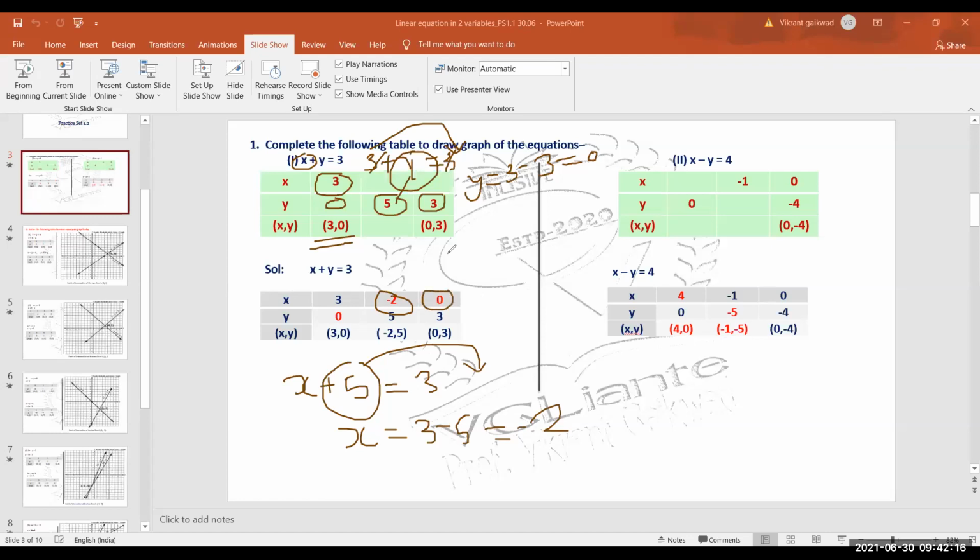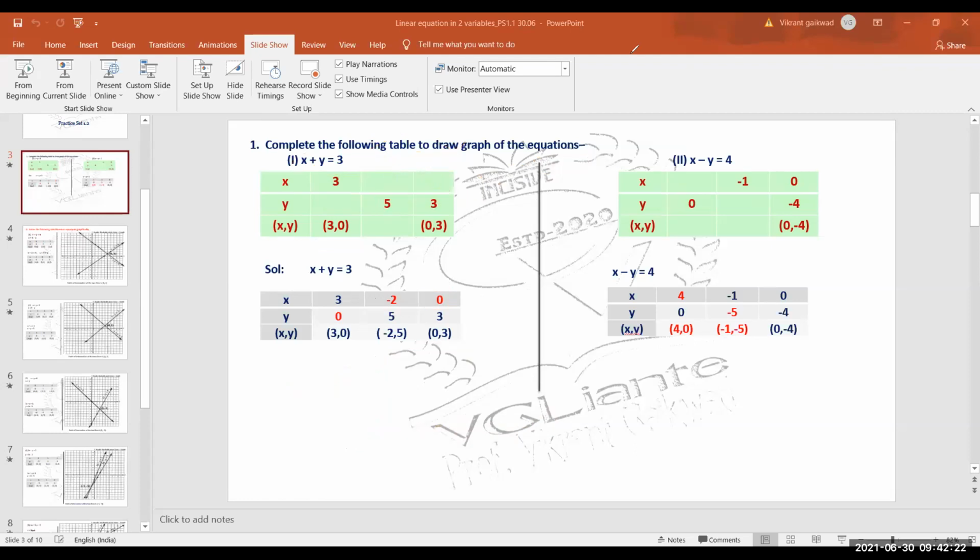Is this clear to all the students? Any difficulty in understanding this? Merunisa, is your doubt solved, beta? In the same way you're going to substitute the values in the second equation.